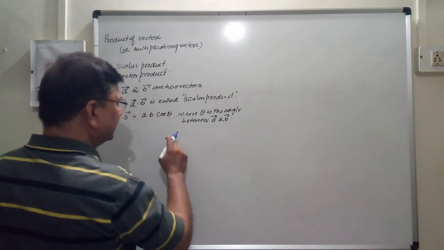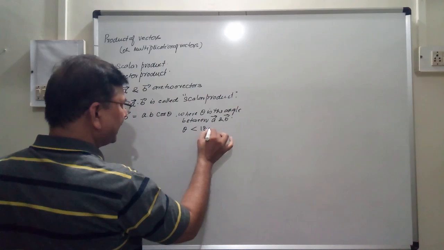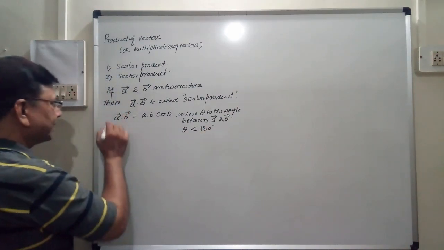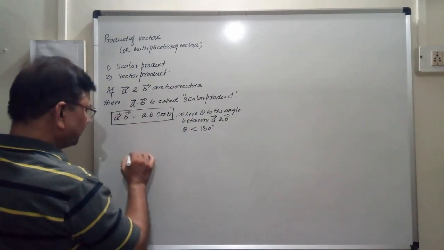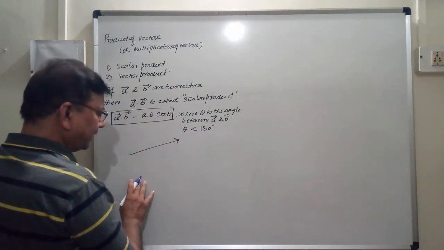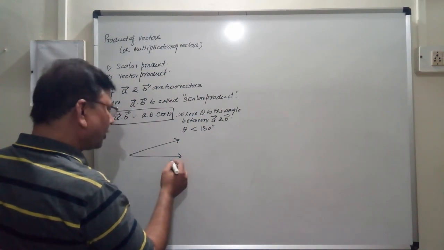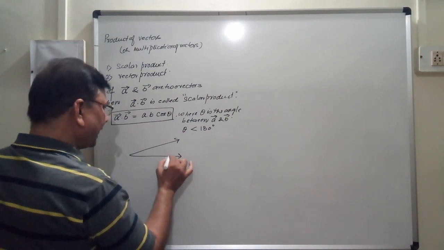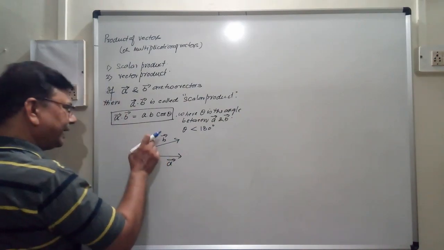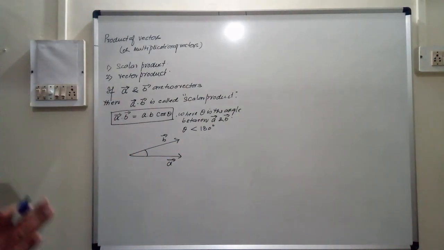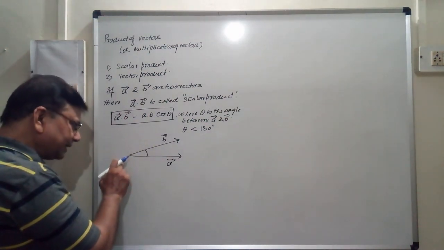And this angle theta is less than 180 degrees. For example, suppose this is the vector A and this is the vector B. So these two vectors are making two angles, one this angle, another this angle.